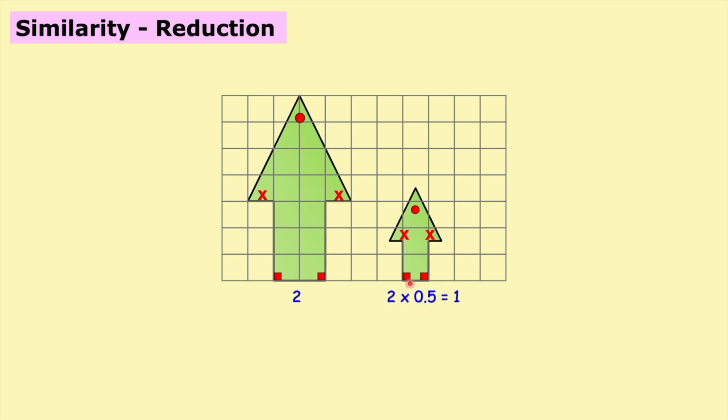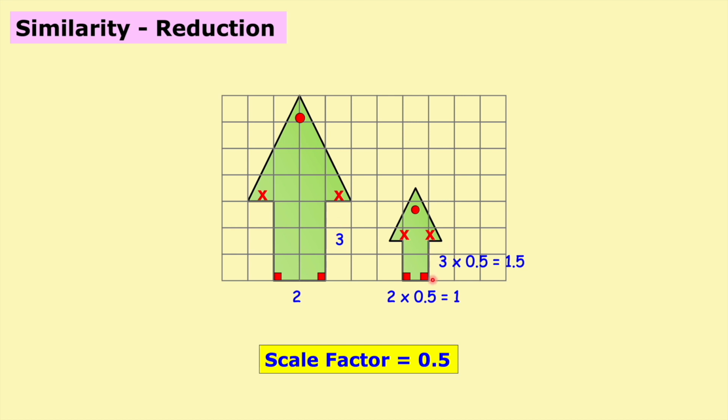So if we times 2 by 0.5, we'll get 1. This height here, we've got 3 boxes, and it's been reduced down to 1.5. Again, half of 3, so if we times it by a half, we get 1.5. And that means, because we could have gone around the whole shape, but just giving you an idea, because we are timesing it by a half, we're halving the size, 0.5 is our scale factor.